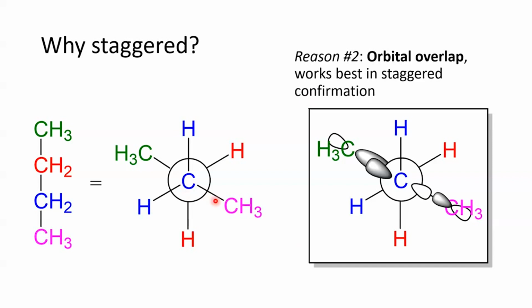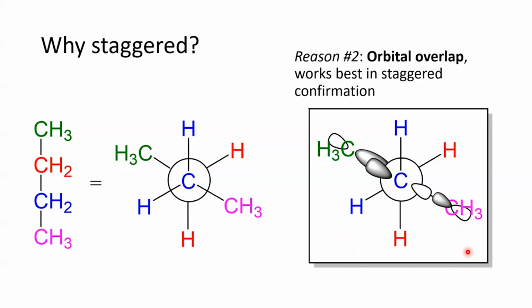So if we take a look at this carbon to carbon sigma bond between the blue and the pink carbons, if we were to draw the anti-bonding orbitals of that sigma bond, we're going to generate an orbital out here. This is going to overlap with the sigma bond orbital between the green carbon and the red carbon positioned behind it.